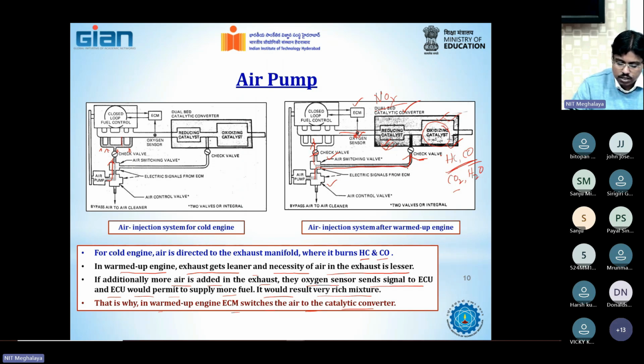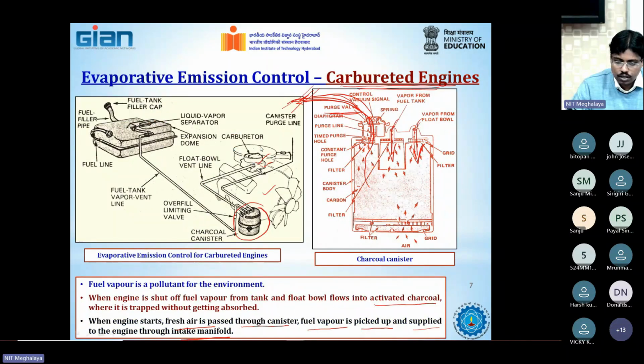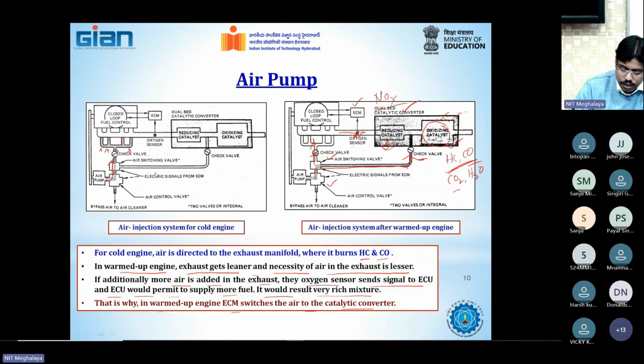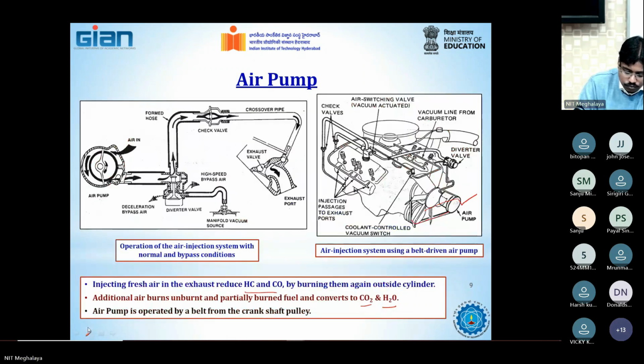Now another important thing: as you can see in this diagram, a backfire control is also provided here. There is a deceleration bypass valve which diverts the air that will be passing.